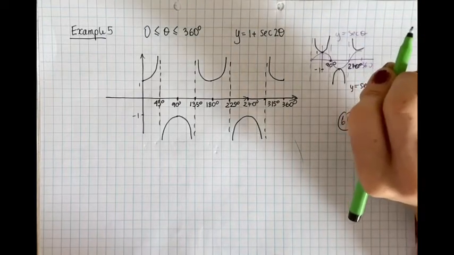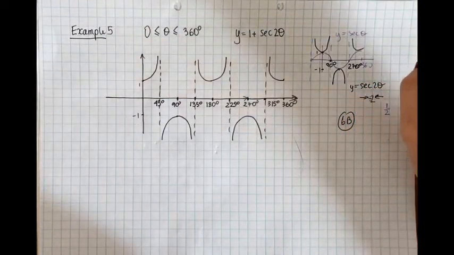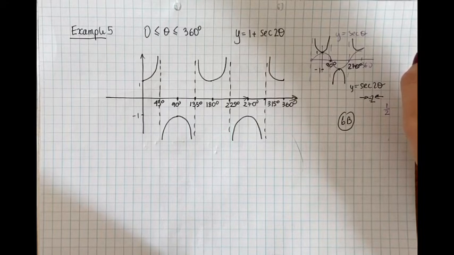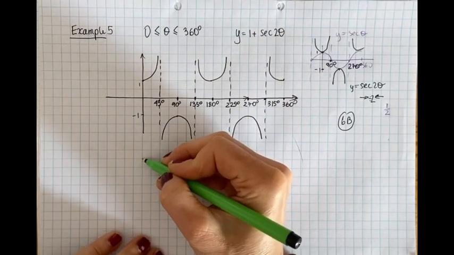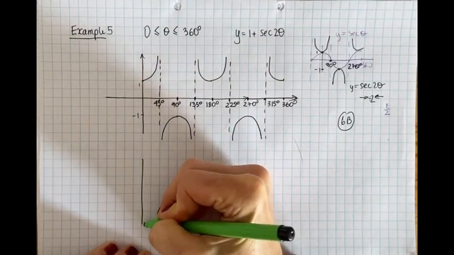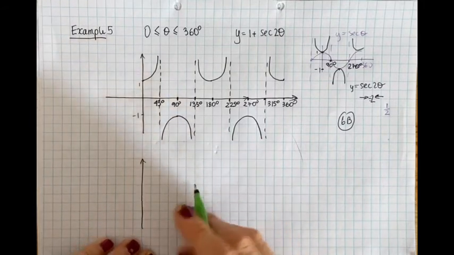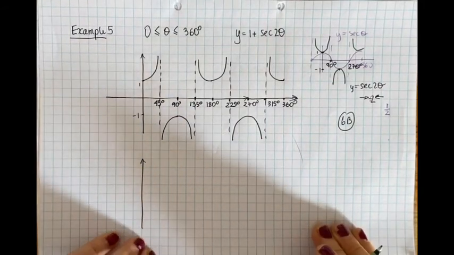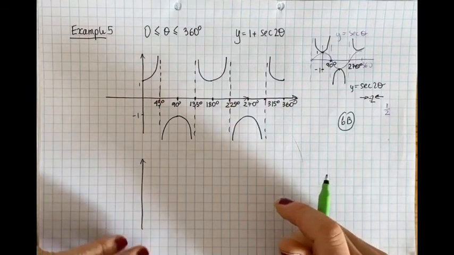Now for the final part we need to shift everything up by 1 unit. It's a bit awkward one to draw, so what I suggest you do, if you want to start from scratch, don't draw the horizontal axis because everything is going to be shifted.